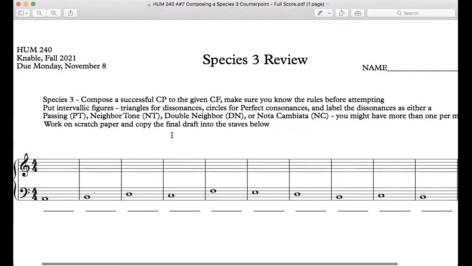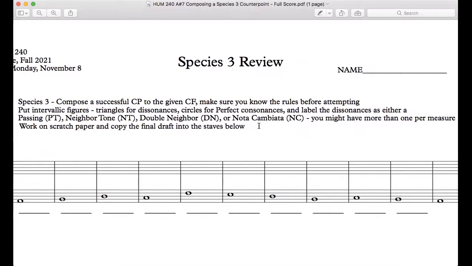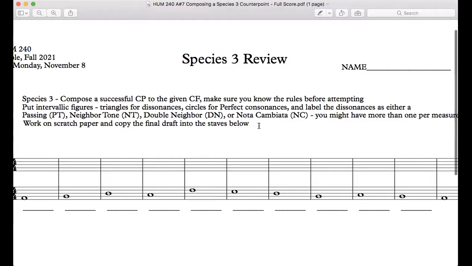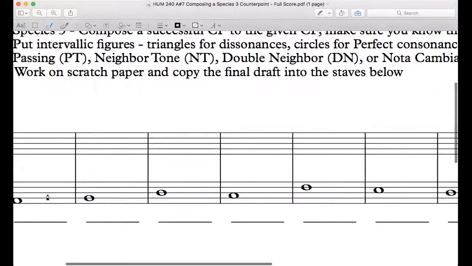Put intervallic figures, triangles for dissonances, circles for perfect consonances, and label the dissonances as either passing, neighbor, double neighbor, or Nota Cambiata. You might have more than one per measure, as in, you might have a passing and then another neighboring motion, for example. Work on a scratch piece of paper and copy the final draft. That's an important bit of information, just so I can see the notes. You want it nice and clean.